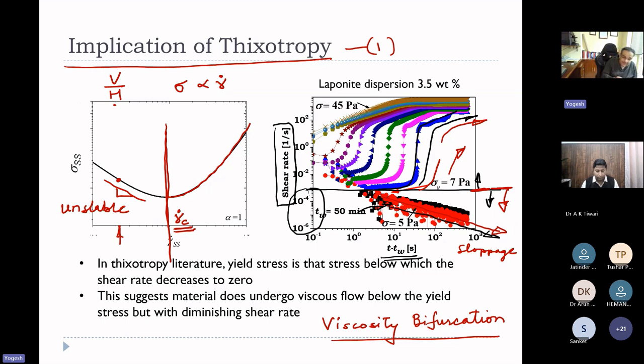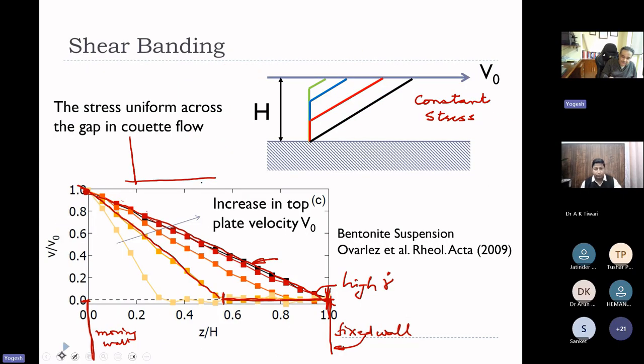A certain part must flow with zero shear rate, while another part must flow with the lowest possible shear rate for which the material is stable. So this is what is actually observed: the material flows with the next lowest possible stable shear rate, but the remaining part does not flow at all.